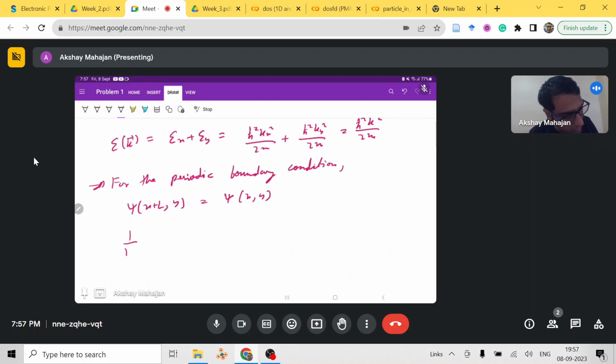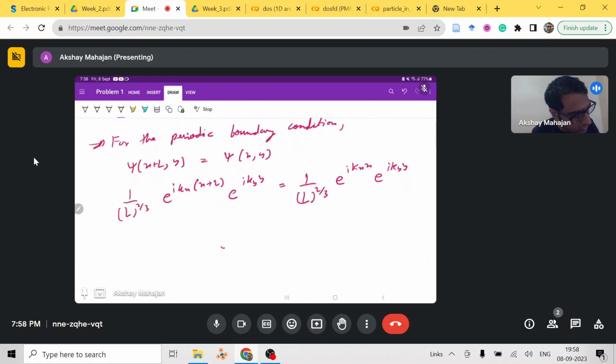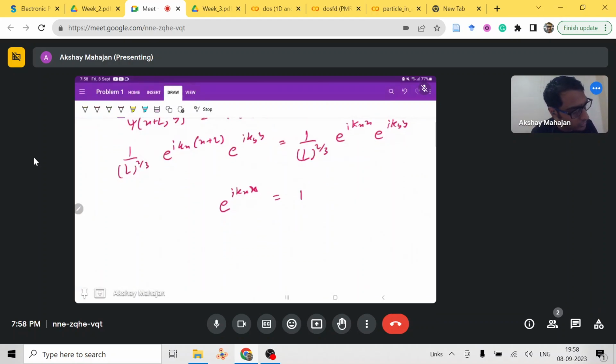So that will be 1 by L to the power 2 by 3 e to the power iota kx times x plus L, and e to the power iota ky y, that should be equal to 1 by L to the power 2 by 3 e to the power iota kx x e to the power iota ky y. So after cancelling out everything, we have e to the power iota kx L equals 1, and this will happen if kx times L is equal to 2 pi nx.